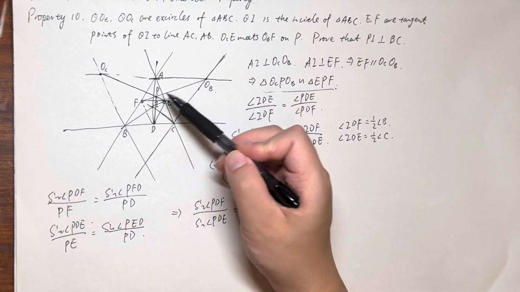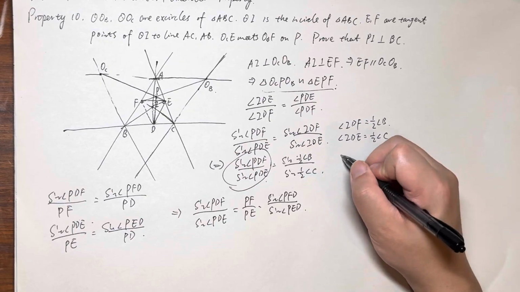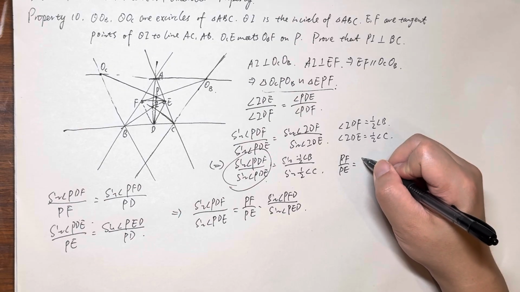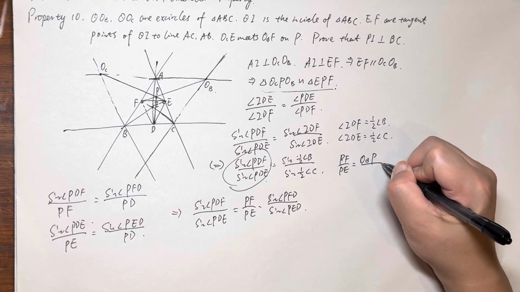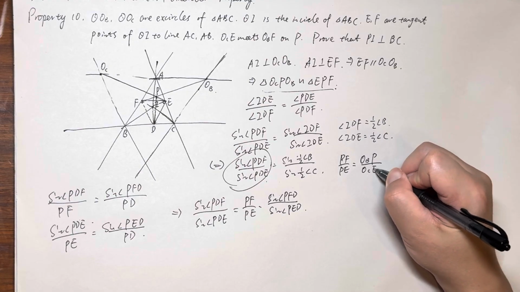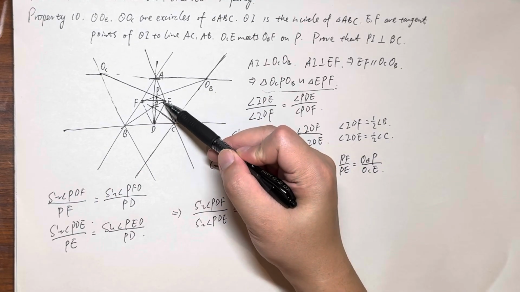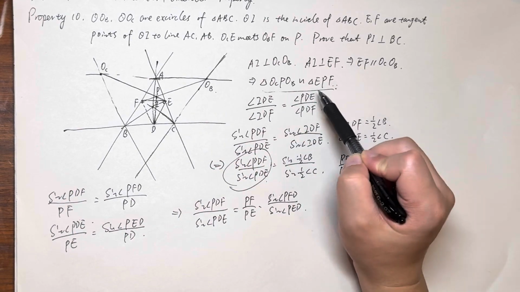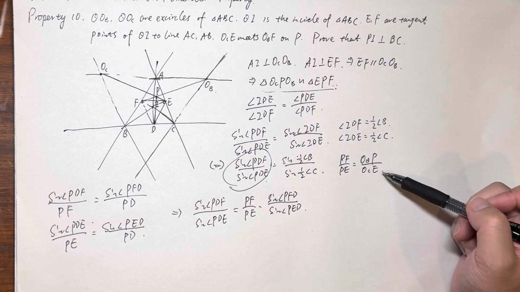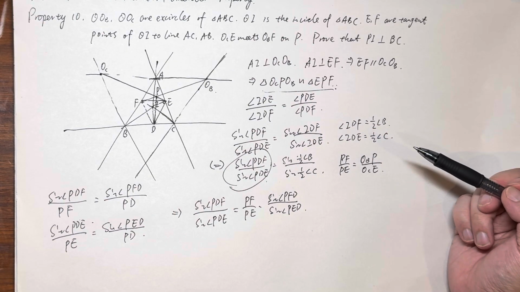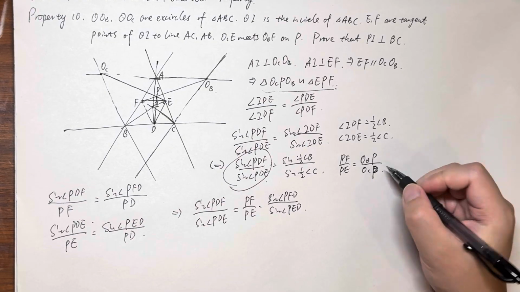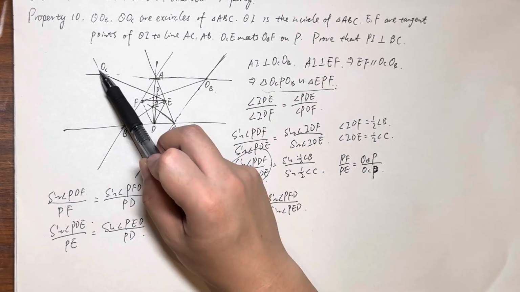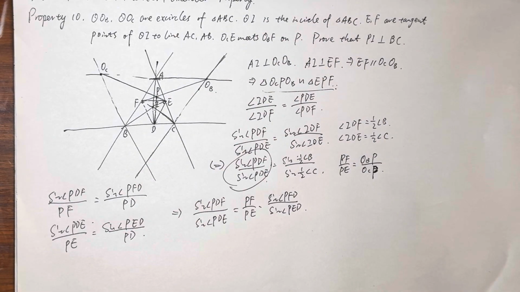So we know that PF to PE equals to O_BP to O_CP, because FE is parallel with O_BO_C.